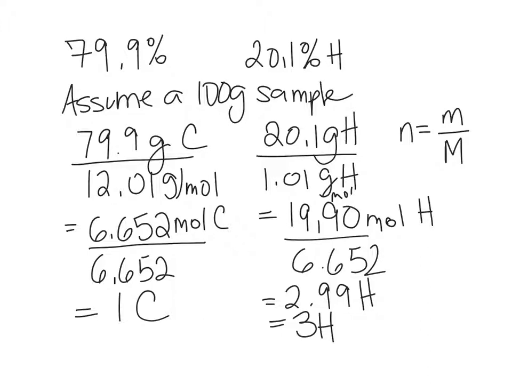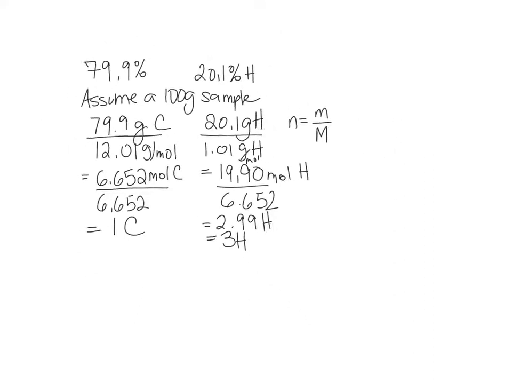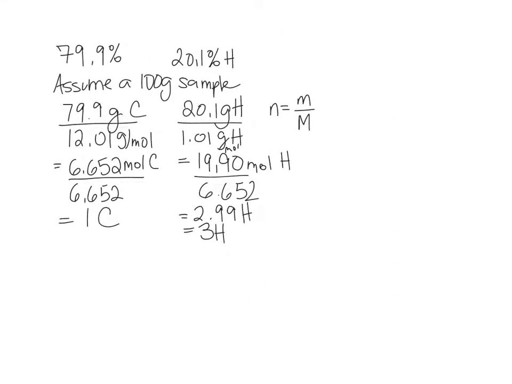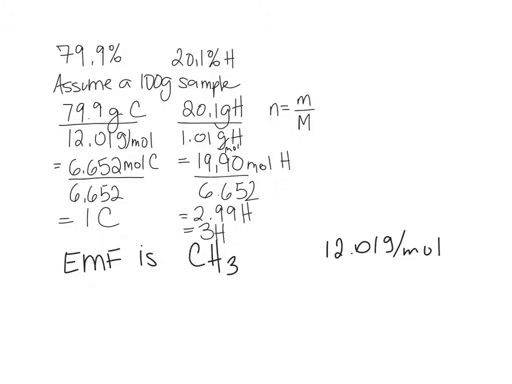So the empirical formula is CH3, because we don't have to write the 1. So what you do is you take 1 carbon and you add 3 hydrogens to it.